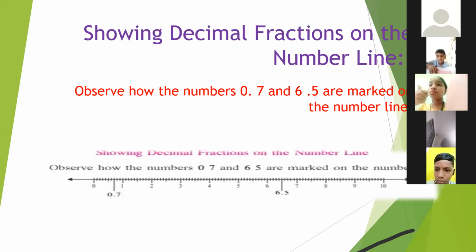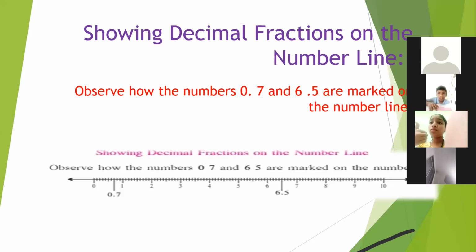After 0, what will come? 0.1, 0.2, 0.3. Okay. Now see 0.8, 0.9, and 0.10. That is nothing but 1. Okay, got it? After 1, how we will count this? 1.1, 1.2, 1.3, 1.4, 1.5, 1.6, 1.7, 1.8, 1.9.